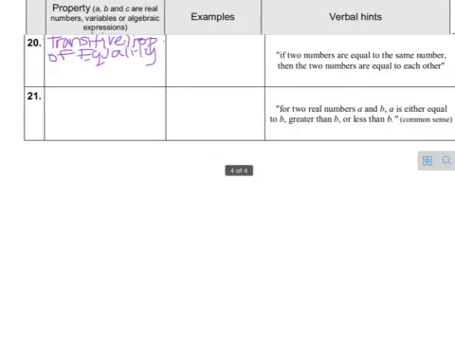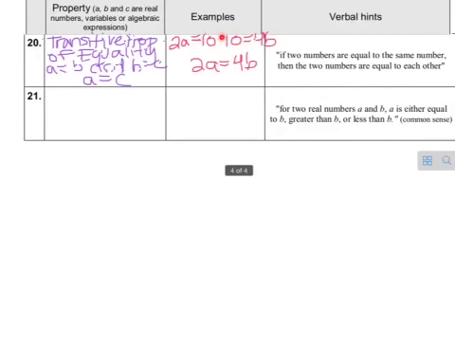And it means that if A equals B and B equals C, that means that A must equal C. So a good example of that would be to say if 2A equals 10 and 10 equals 4B, then 2A must equal 4B. So in other words, if 2A equals 10 and 10 is also equal to 4B, then this must be equal to 4B.